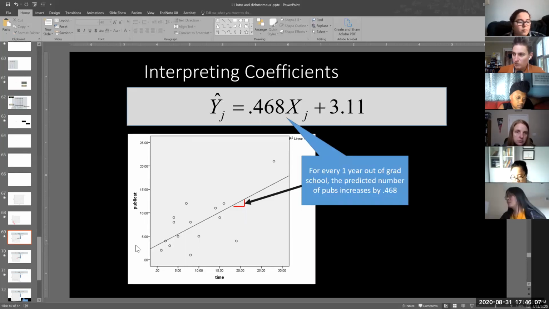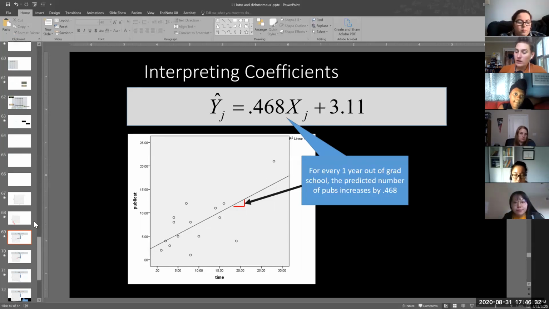You can see that that number is about 3.11, right where they hit the y-axis. Okay, that's when my x equals 0. And then for every year out of their PhD program, I expect them to publish about half a paper. Meaning, in 2 years, I would expect them to have published 1 paper.